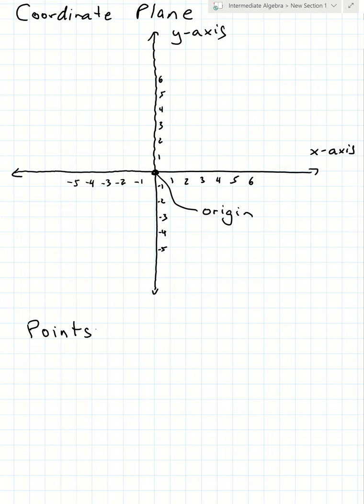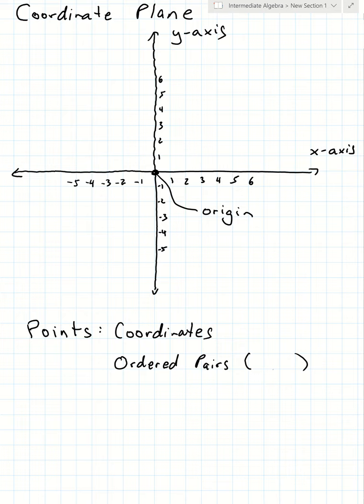Points has many different names. When we refer to points, sometimes they are referred to as coordinates. Okay. Another name for points or coordinates is ordered pairs. Now your ordered pair looks something like this. It's two parentheses.